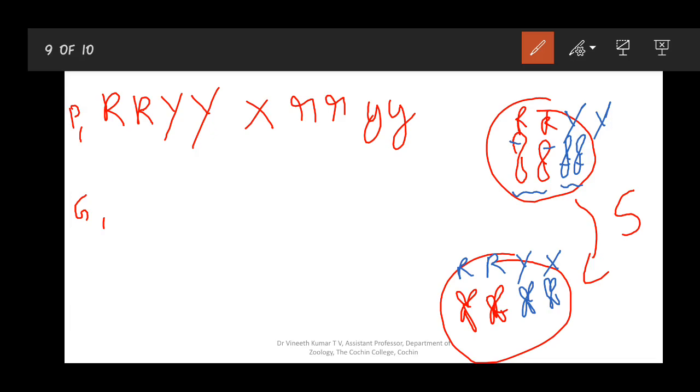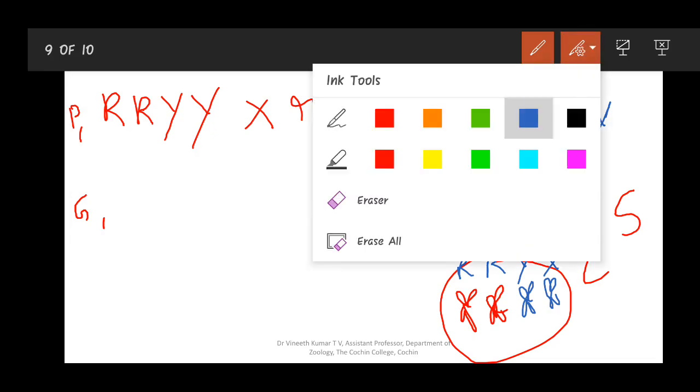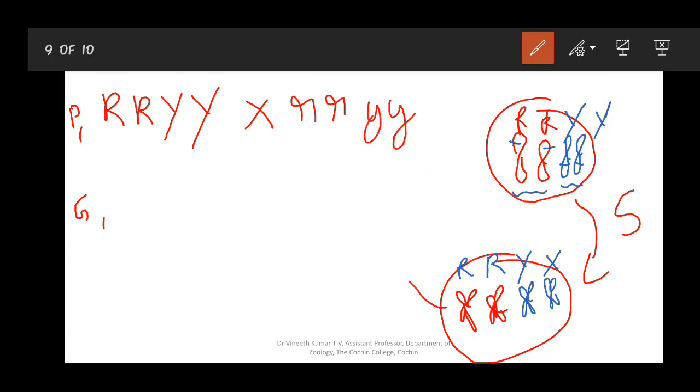Now coming to meiosis, I'm drawing the meiotic arrangement here. As we said, during meiosis the homologous chromosomes pair up, and in prophase they will undergo recombination, crossing over, and so on. Whatever events happen during prophase, they then enter the metaphase and will align in pairs at the metaphase plate.